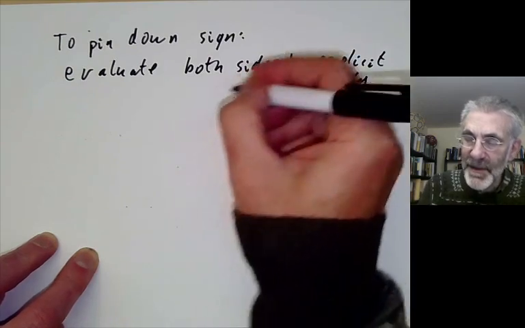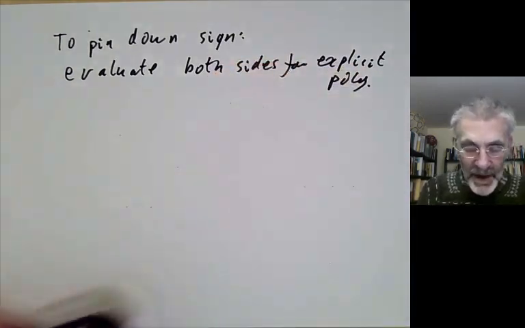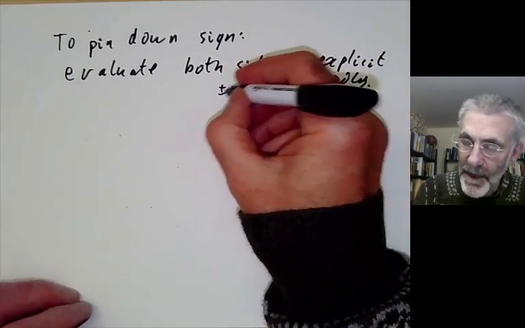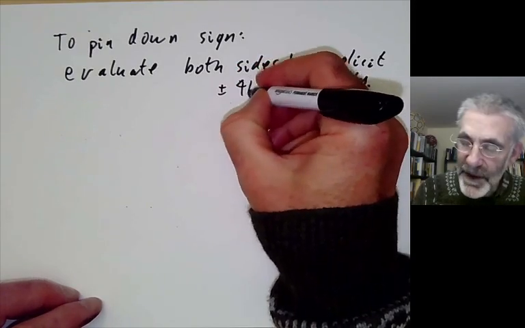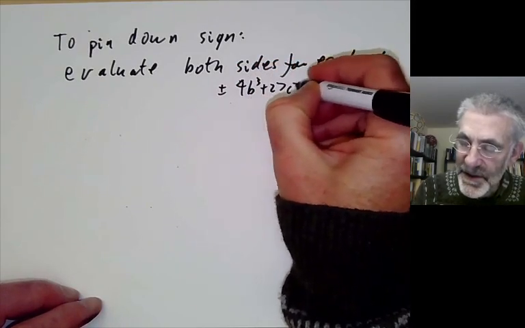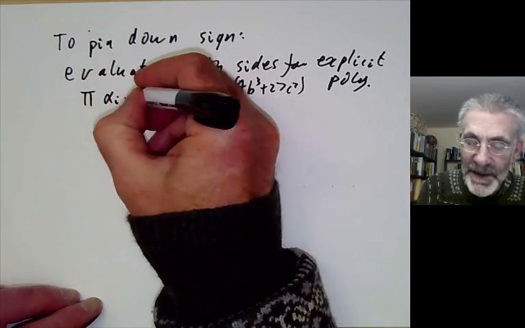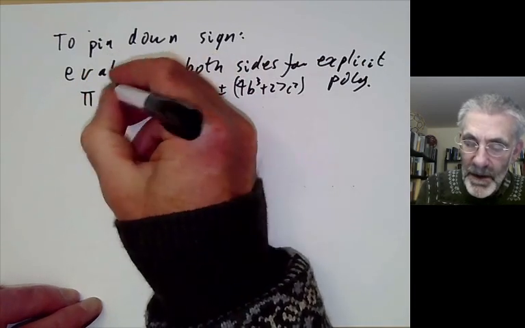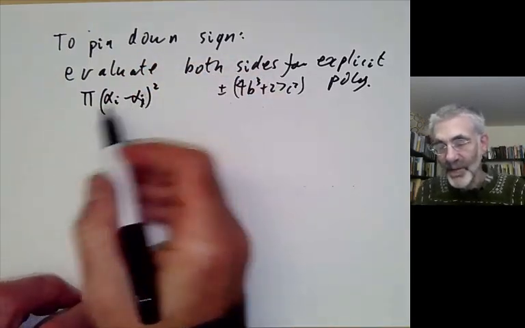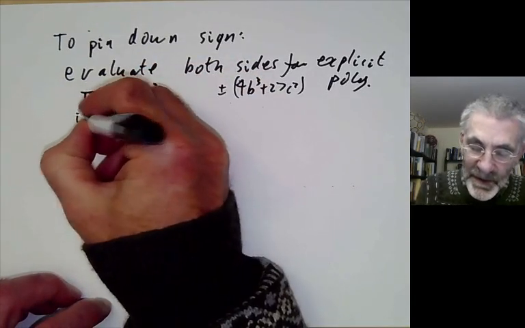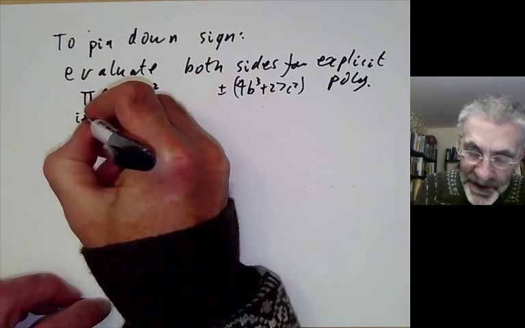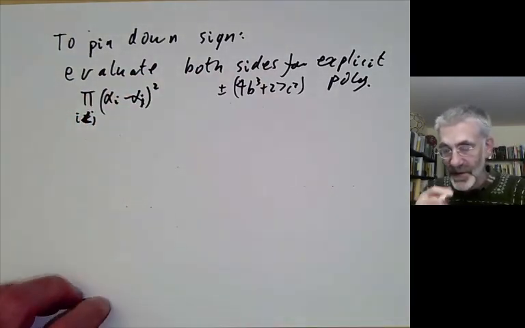So both sides meaning on one side we have plus or minus 4b cubed plus 27c squared, and on the other side we have the product over alpha i minus alpha j all squared, or maybe this is for i not equal to j. So for i less than j, that would be the square of the discriminant.